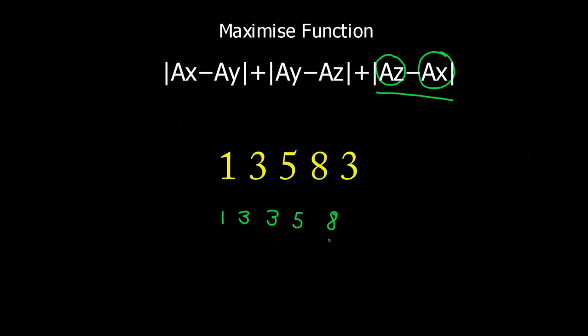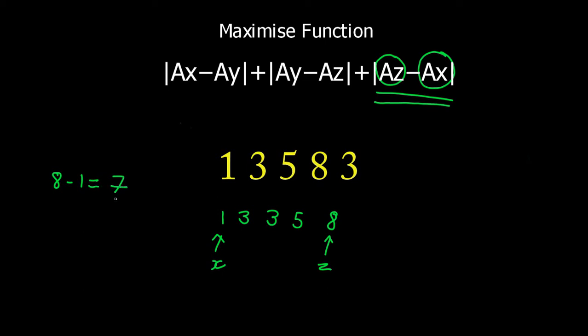Now if I choose this as index z and this as index x, this part of the equation is already maximized because I have chosen the maximum and minimum integer, so their difference is maximum, which is currently 8 minus 1, equal to 7.